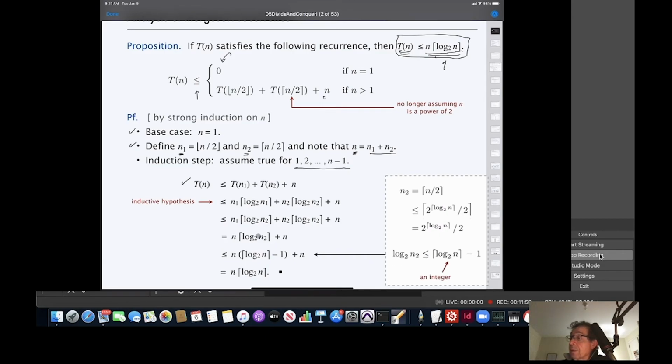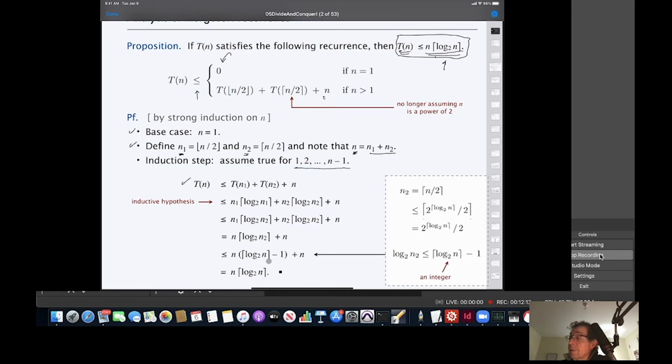So we substitute the ceiling of log 2 of n sub 2 by the ceiling minus 1, and we keep the rest equal.